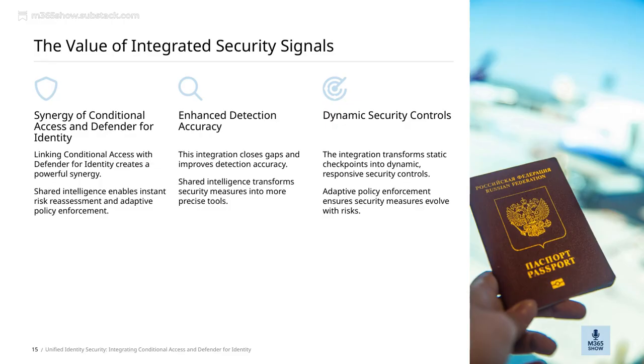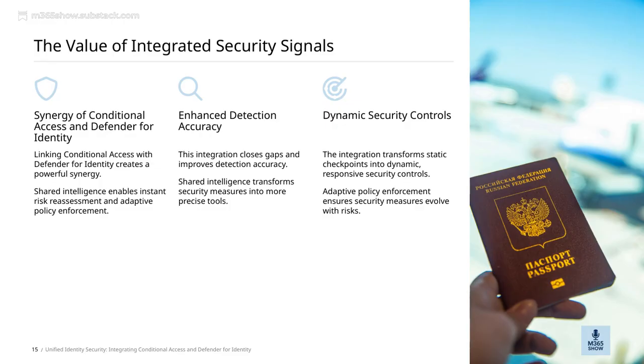When we talk about dynamic security controls, this integration helps close gaps in our defenses and significantly improves detection accuracy. Shared intelligence plays a crucial role, turning our security measures into smarter tools that can better identify and respond to threats. By linking Conditional Access and Defender for Identity, we create a powerful synergy.